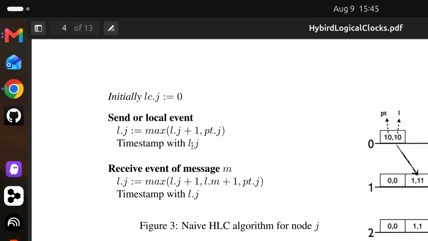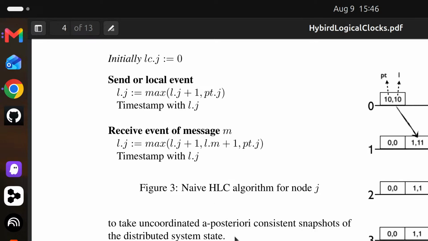Timestamp with Lj. On receive event m, Lj is the max of Lj plus 1, Lm plus 1, and PTj. Timestamp with Lj.